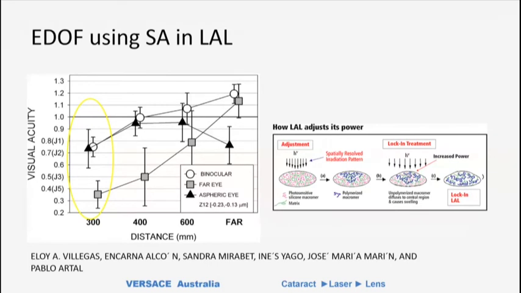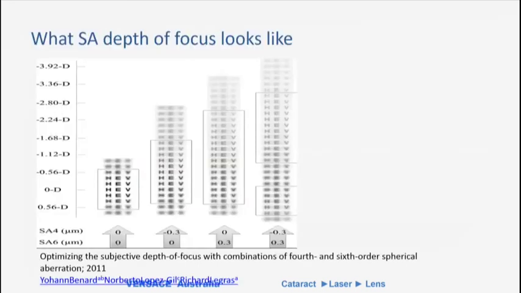But there's a price to pay. And what this slide demonstrates is that when you have increased depth of focus created with spherical aberration, the vision is just not as sharp. So you can see on the left-hand column of letters here an example of when there is no spherical aberration in the optical system. The letters are sharp, but they're sharp over a very limited range of defocus.